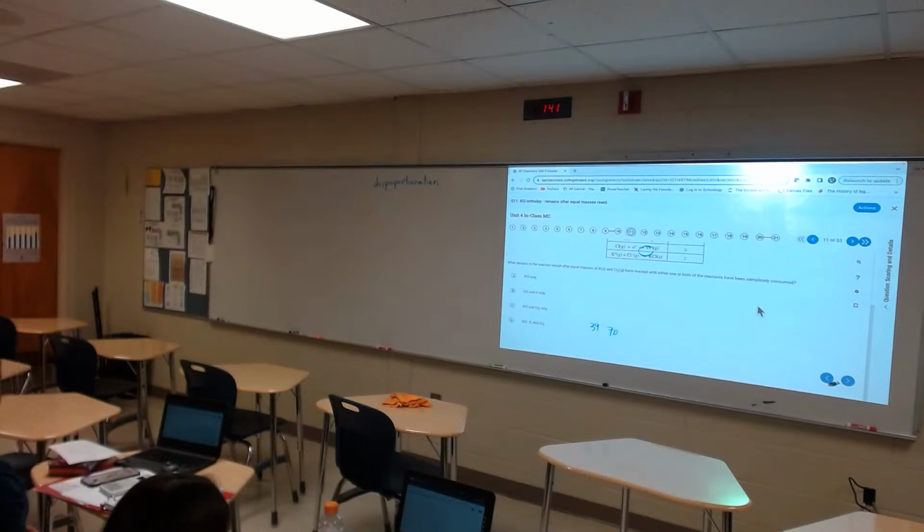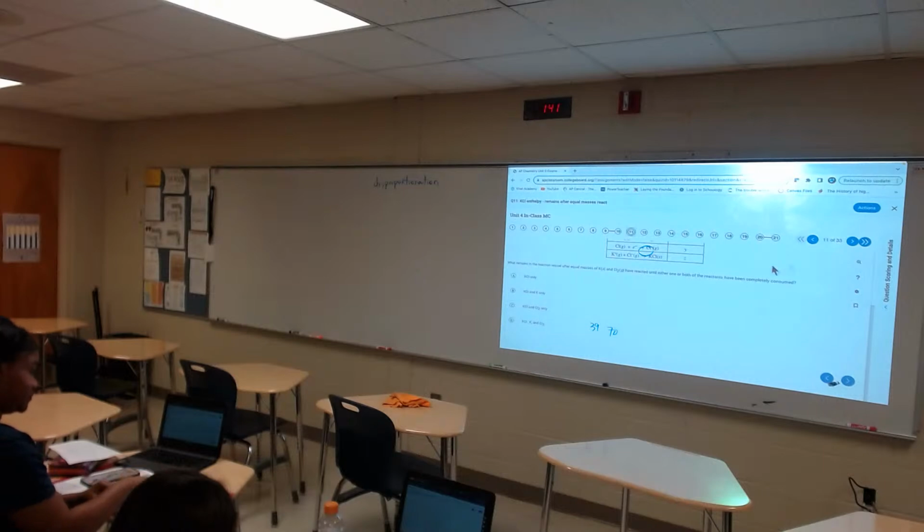Equilibrium. Okay. So if a reaction reaches equilibrium before it goes to completion, right? Notice it says right here, reactants have been completely consumed, so that means you're going to completion. That means one or both reactants go to zero. When we get to the AP exam, it's going to be both types of things on the same test.